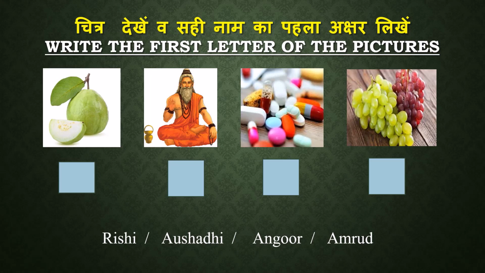Therefore, the beginning letter of the word amrud would be a. Next picture is of a saint. In Hindi, a saint is known as, correct, rishi. So the first letter would be ri.